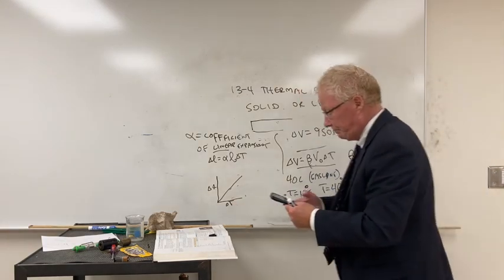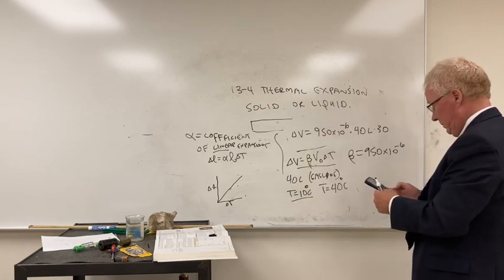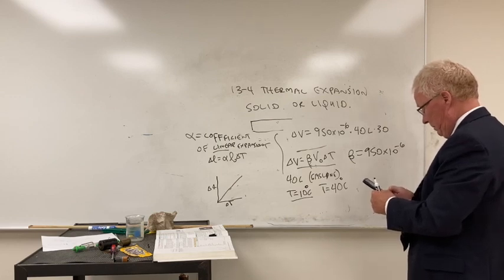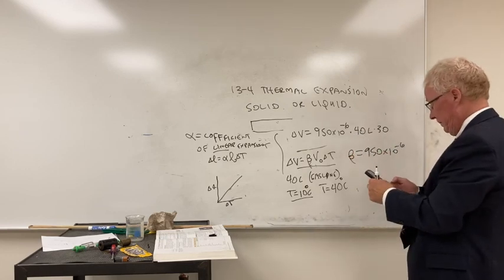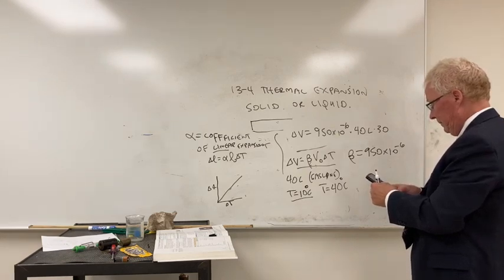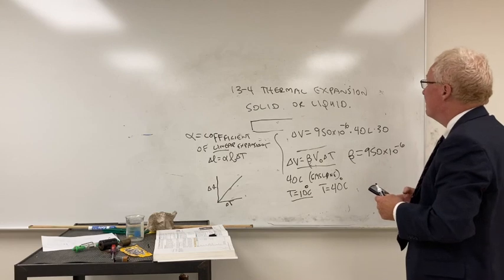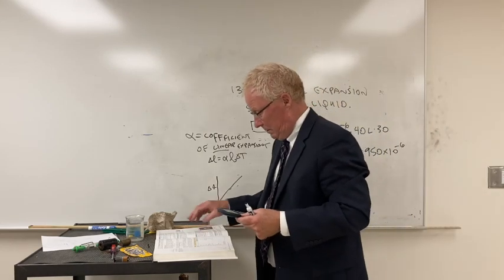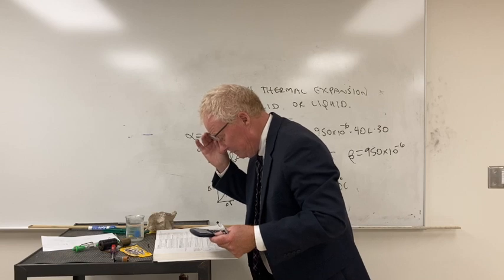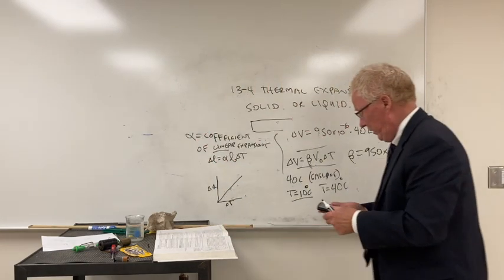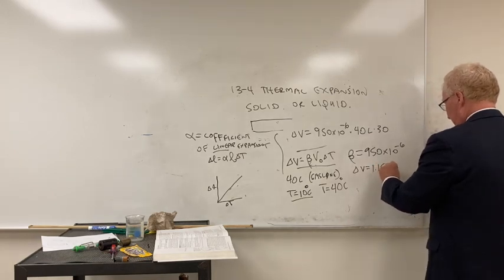So we end up with delta V would be 1.15 liters.